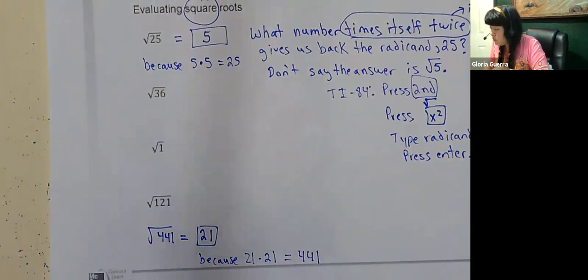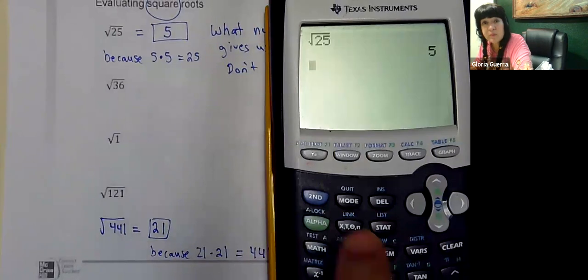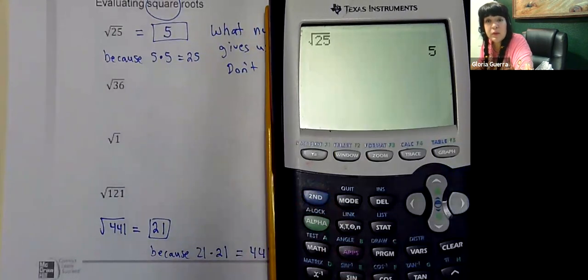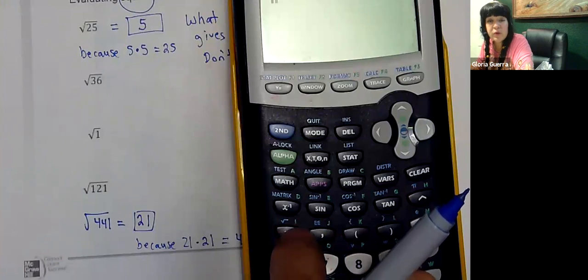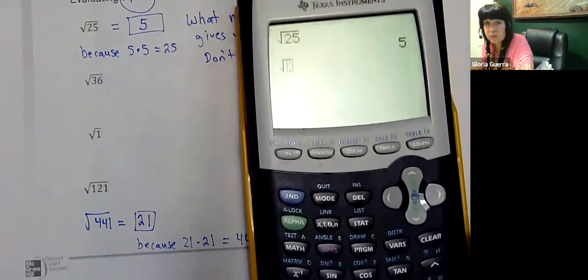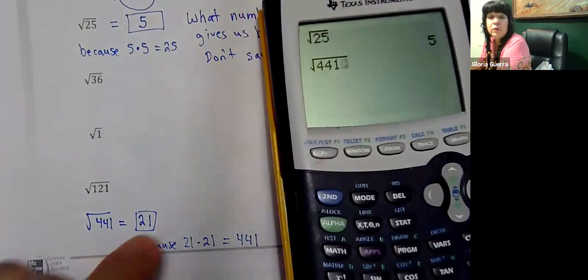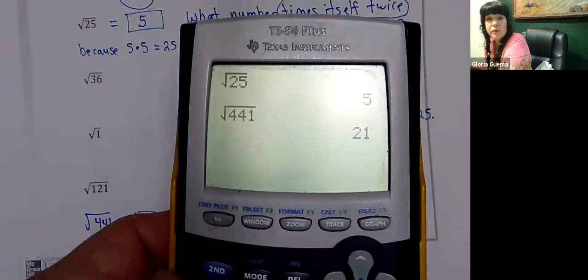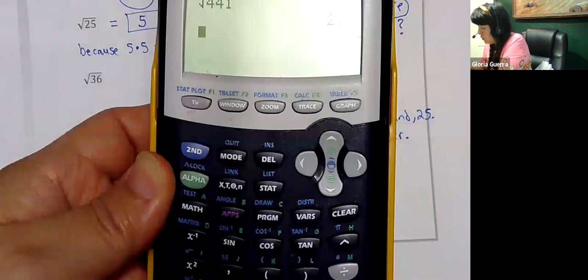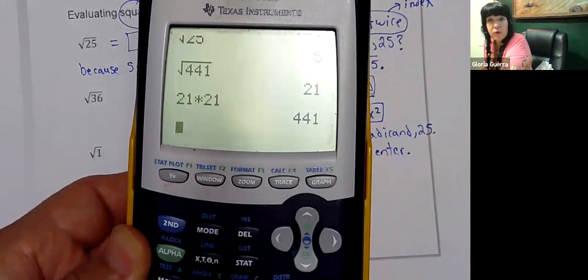If I use my calculator, I press the second button and then this x squared, because that's got the blue radical. Then I press the radicand 441, and I hit enter, and see it gives me 21. That's because 21 times 21 gives me back 441.